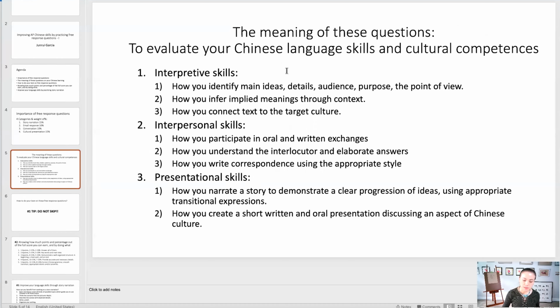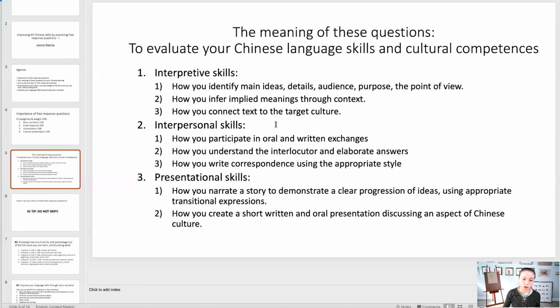On the interpretive skills, they want to evaluate how you identify main ideas, details, audience, purpose, and the point of view. They want to know how you infer implied meaning through context, and how you connect the text to the target culture, actually Chinese culture.